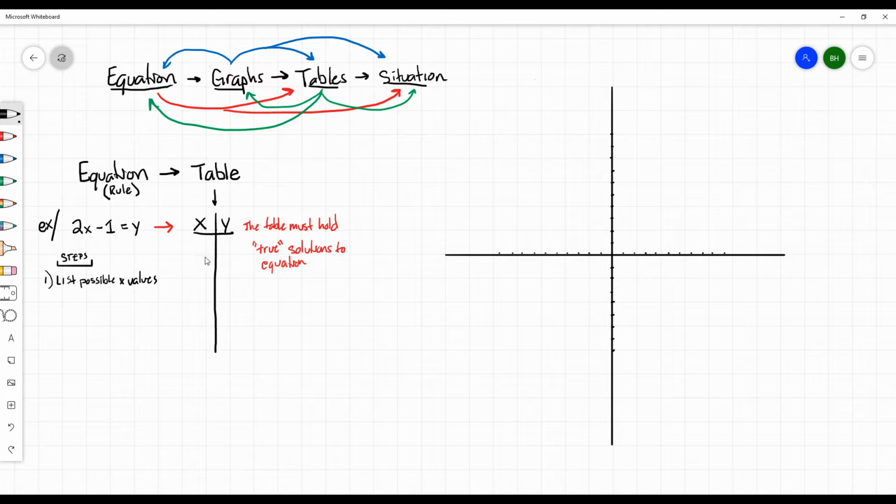The way that I like to fill out tables is I like to start with a little bit of a negative number. I like to go -2, -1, 0, 1, 2. I like to address a little bit of the negatives, a little bit of the positives, and you always include 0. I'm going to put a little star here. Always include 0.